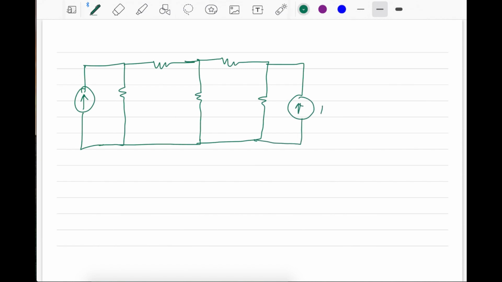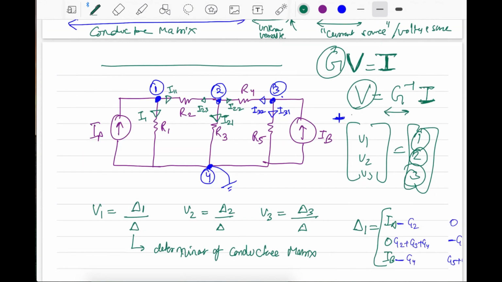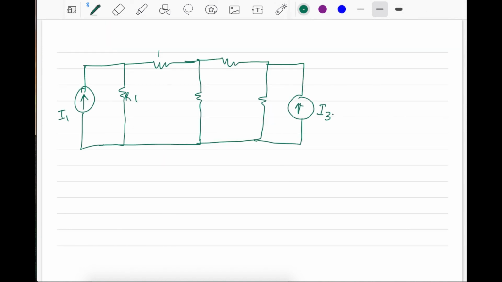So here we have I3, then you have I1 here, and then we have R1, R2, R3, R4, R5. And let me write the conductance matrix also, so that we can compare what modifications we will get.